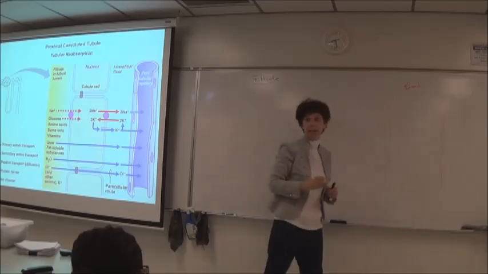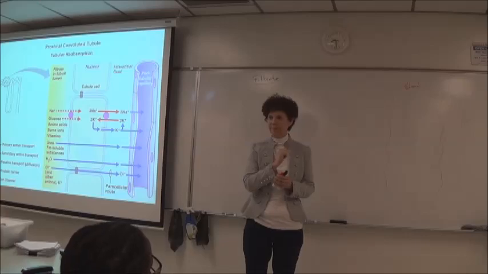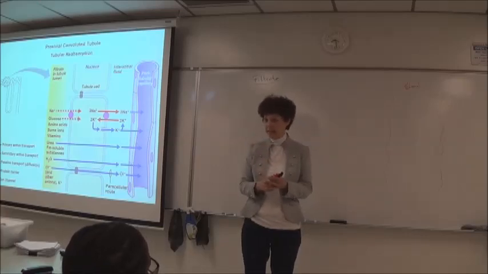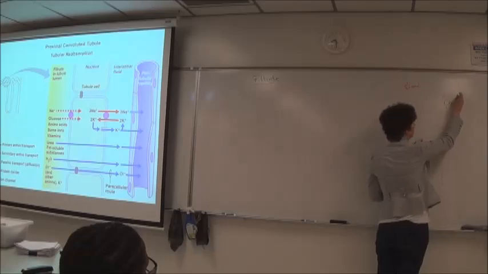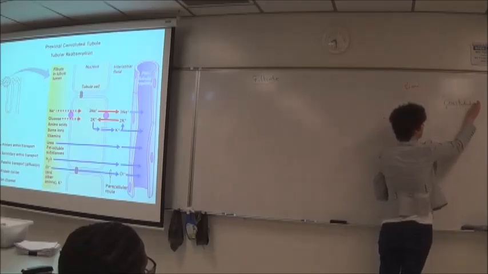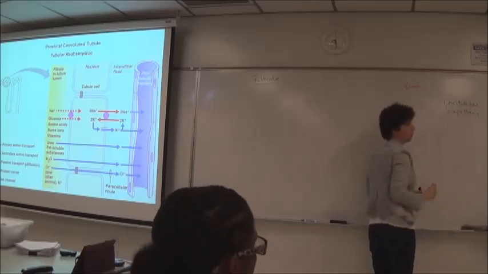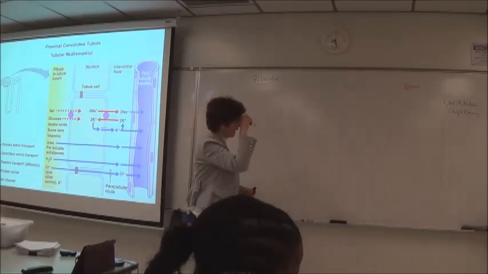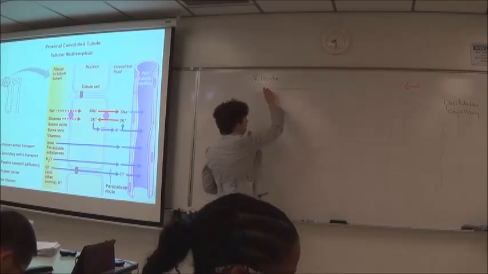What would be the name of this vessel? What's our capillary bed? Exactly, the peritubular capillaries. So we're talking about a simple cuboidal epithelia. Facing the filtrate, we have our microvilli.